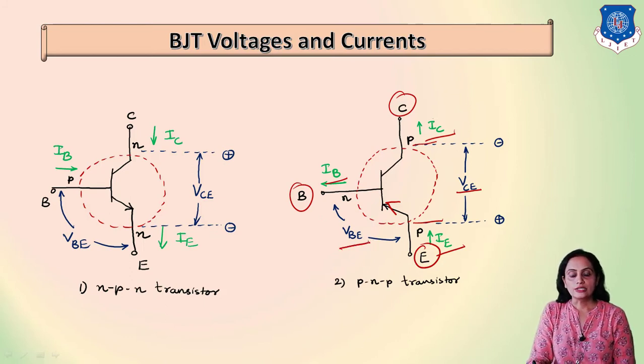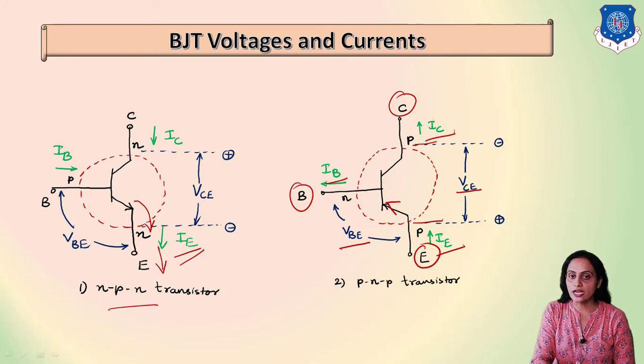Now we are interested in the polarity of the currents and voltages shown over here. You can see in the NPN transistor, at the emitter terminal we have shown the emitter current coming outside from the emitter terminal. The arrow shown on the emitter always shows the current flow direction. So in the NPN transistor, the emitter current is flowing outside. The arrow shows the direction of the current.